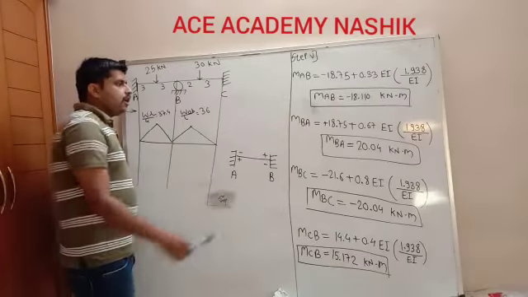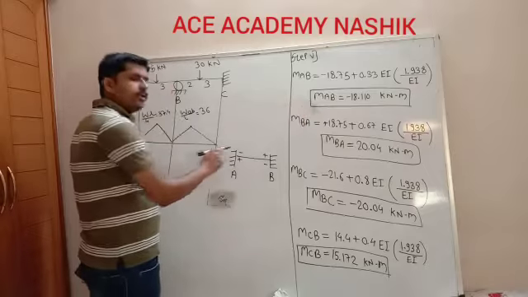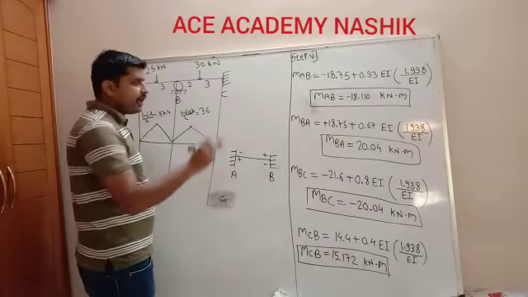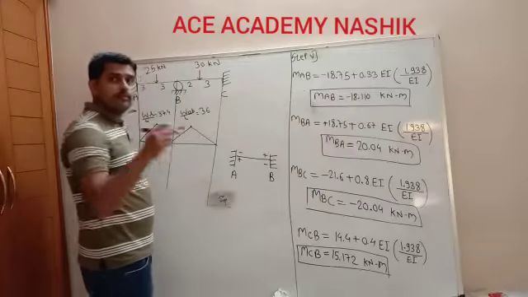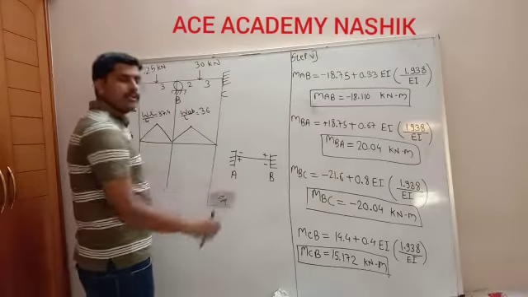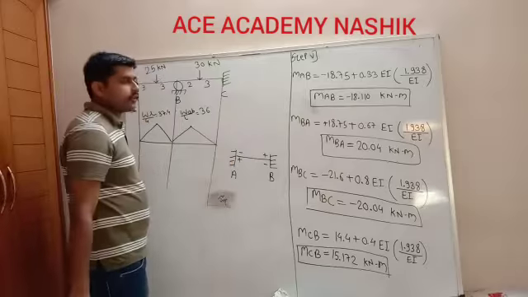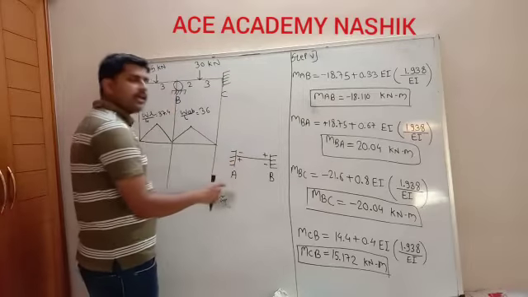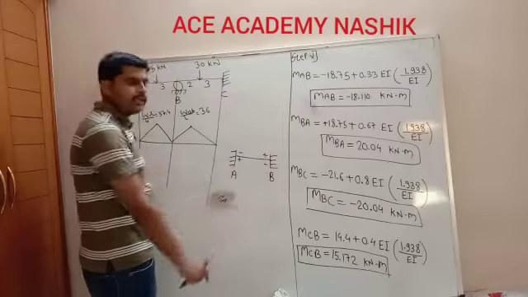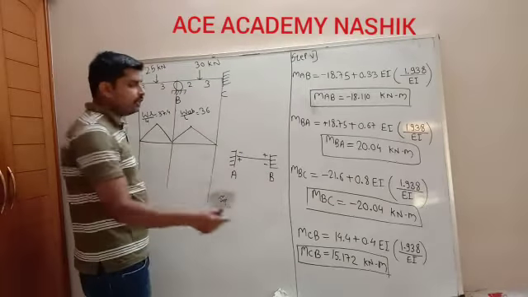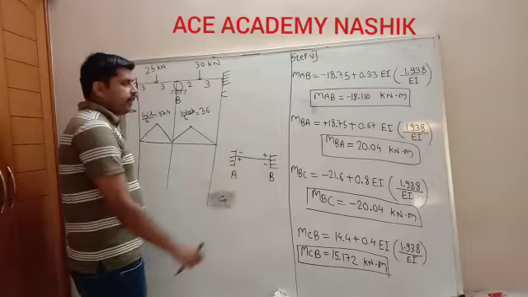That is, if MAB is negative, we plot that point above the line. If MAB is positive, we plot that point below the line. Similarly, if MBA is positive, we plot that point above the line. If MBA is negative, we plot that point below the line.